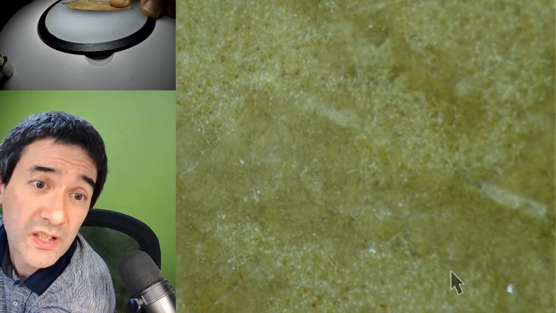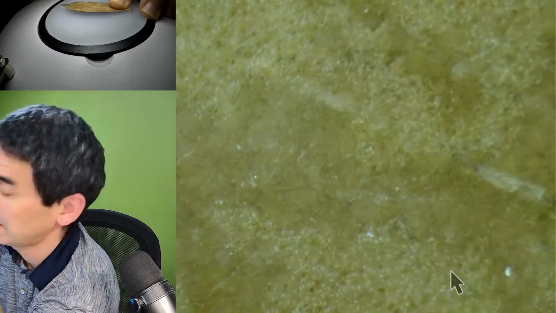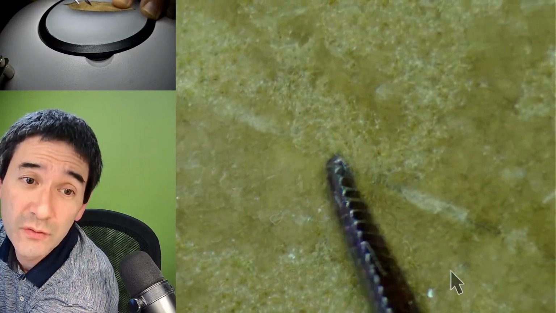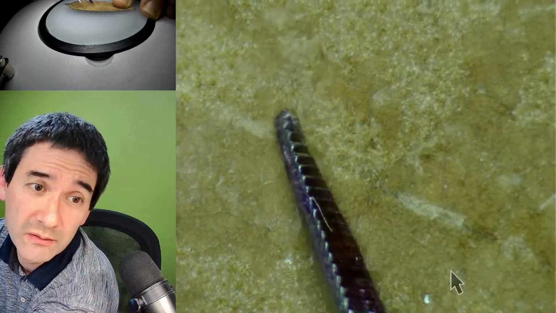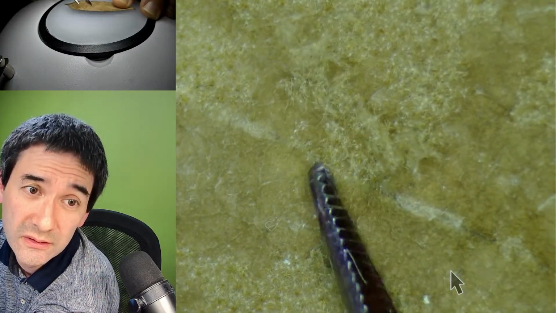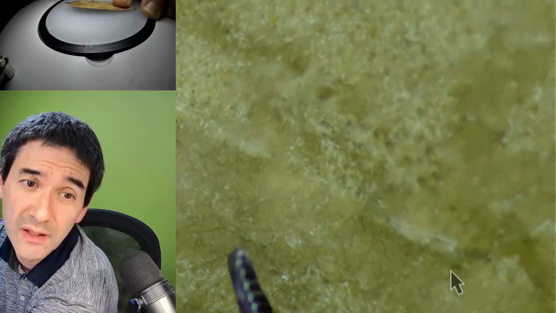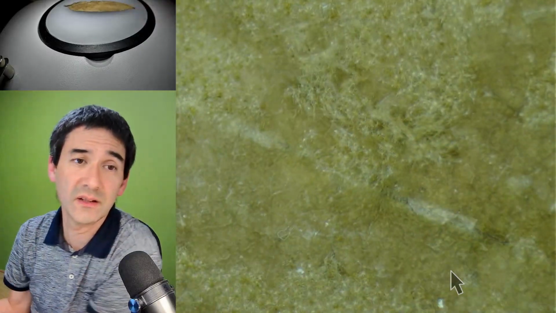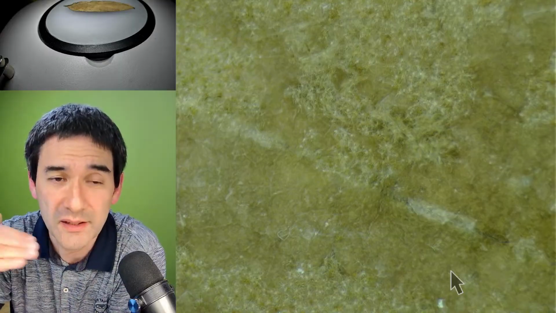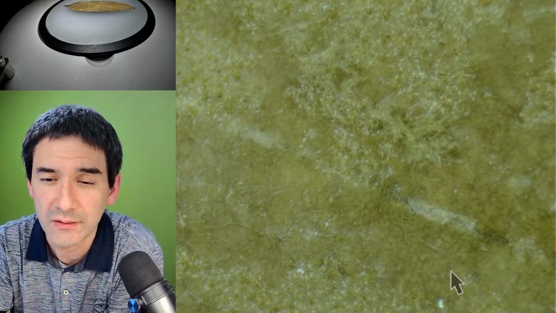Let me focus again. Again, the contrast is not the best, but you see that on the surface of the leaf there's this fuzzy layer. It's quite dense, and that's basically the thing that the plant is creating here.